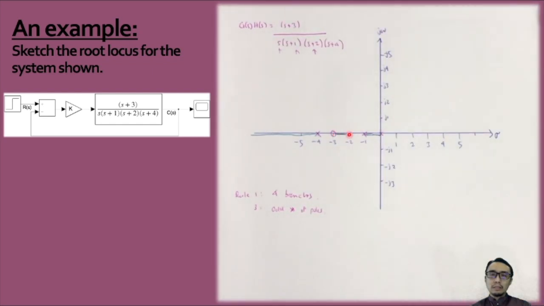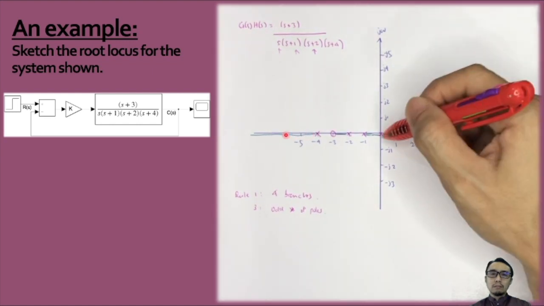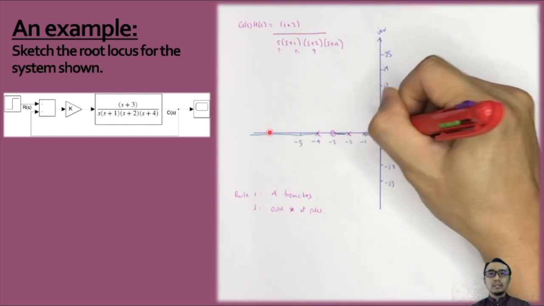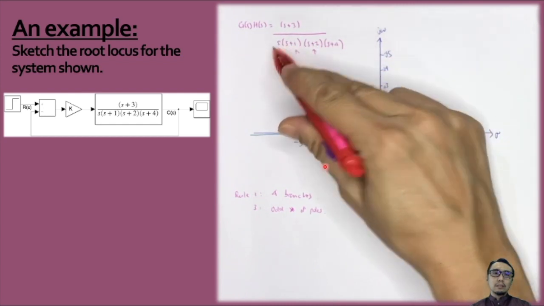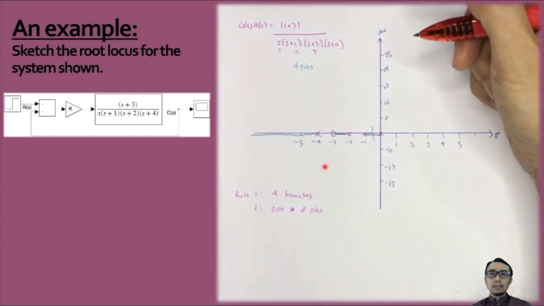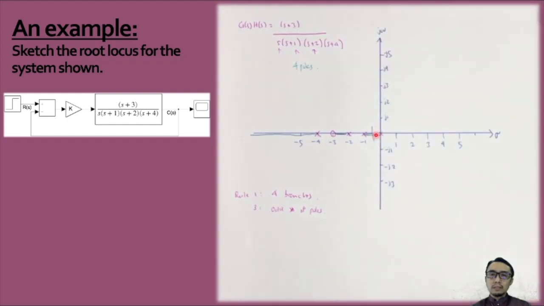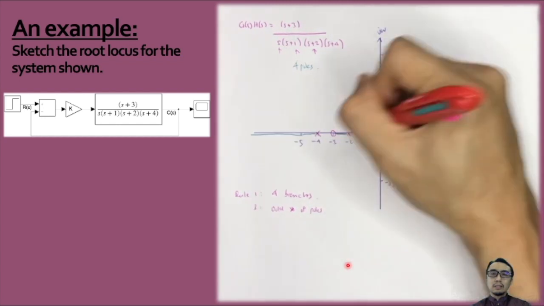Here, there should be no locus because it's just 2. Here there are 3. Here there are 4. So you can initially identify the location for the locus. Okay, 4 poles, so 4 branches. So there should be 1, 2, 3, 4 branches.